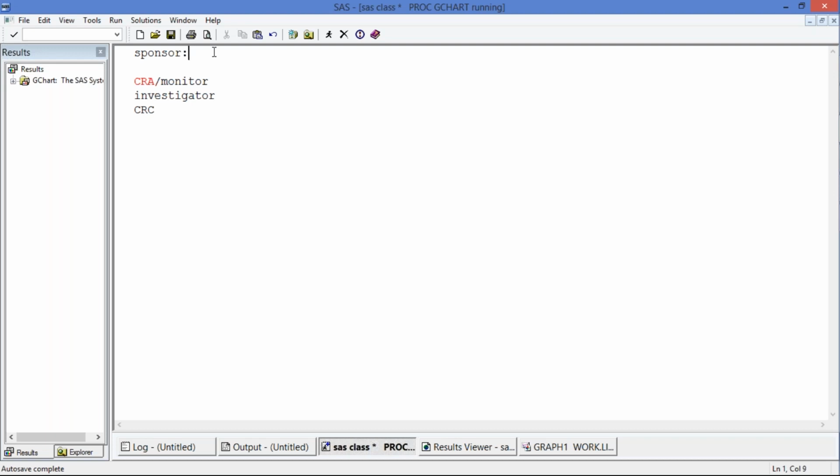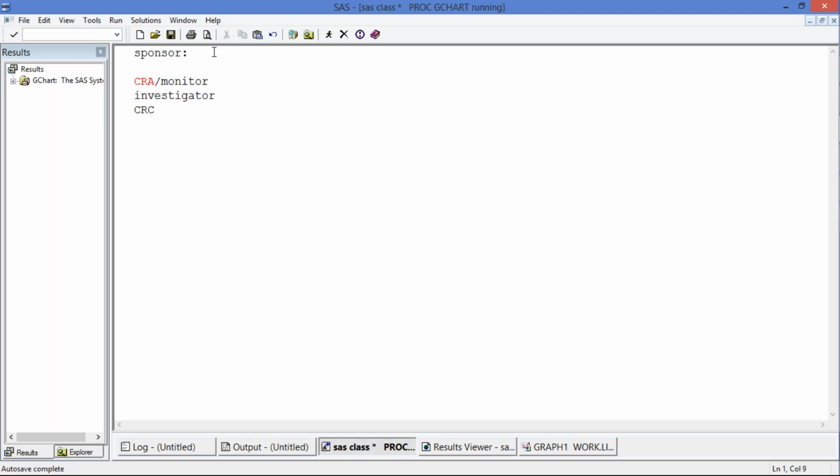So does the sponsor outsource everything to a CRO company, and the CROs are the ones that hire the CRAs and do all the monitoring of these trials? Correct. Okay. So the investigator will be responsible for conduct of the study at the particular participating site.